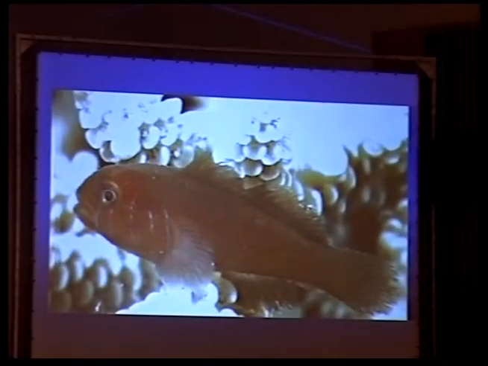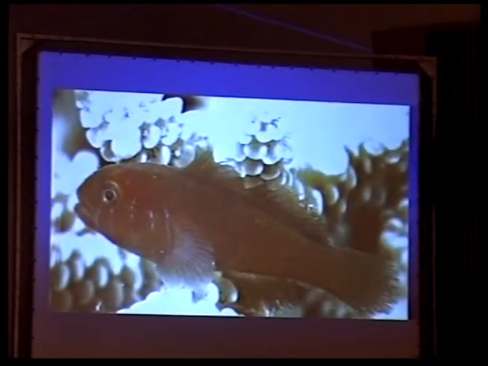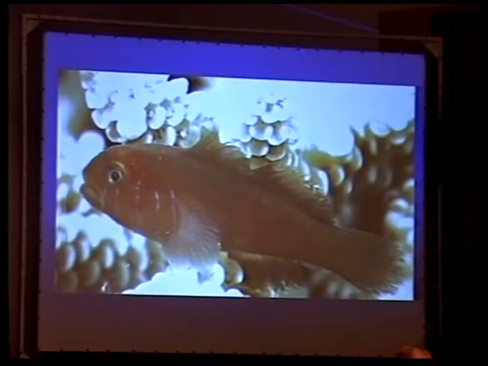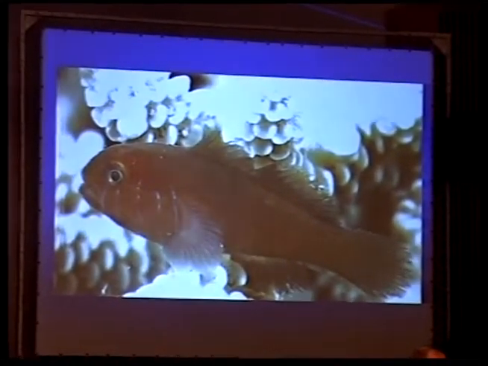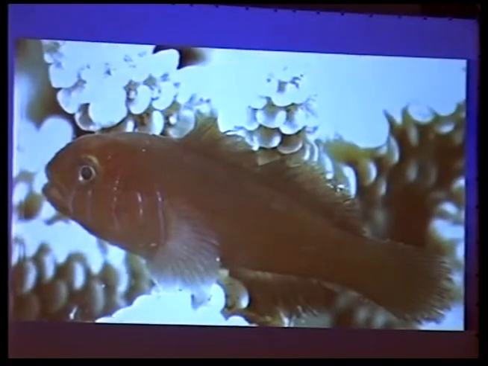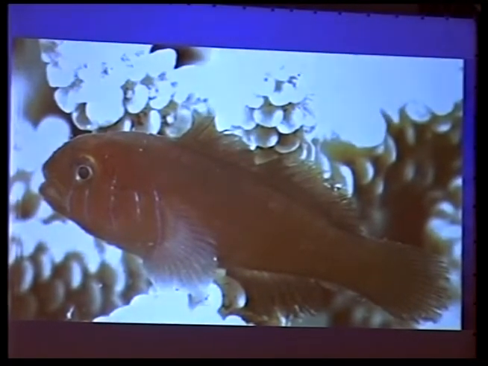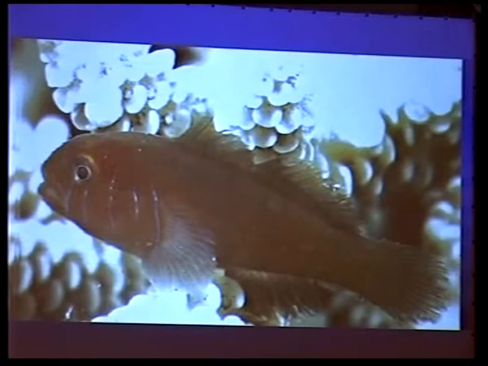Okay, one thing that seems to be coming back in this story is that especially species and fish that are specialized, that either feed on the corals or dwell in the corals, are affected.